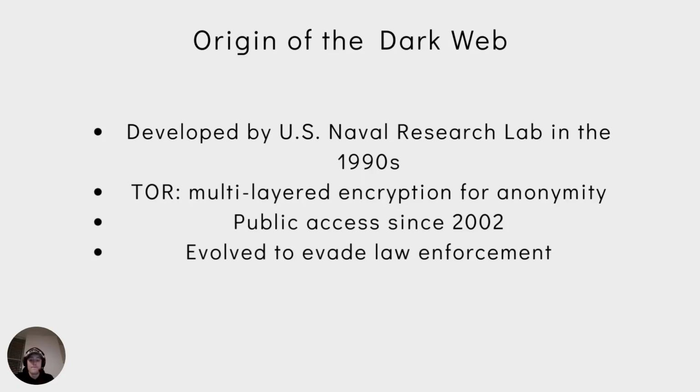But in 2002, Tor became public access, which opened the door for legal use on the internet and also illegal use. Over time, people have learned to evolve and evade law enforcement online, which gives criminals the ability to operate with little risk of detection.